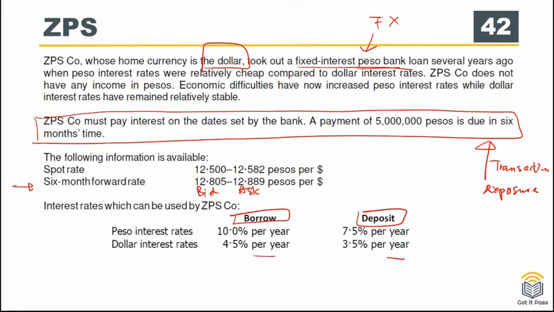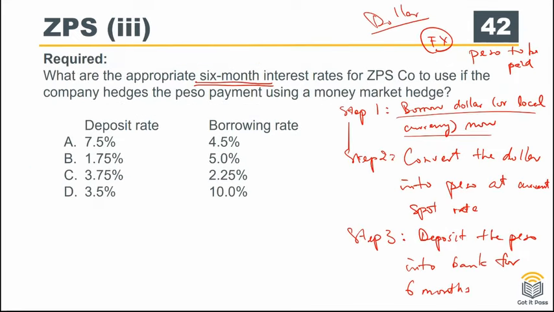You have to borrow dollar now, so it is not 3.5%; you apply 4.5% per year. Let me mark it down. 4.5% is the borrowing rate per year for the dollar.